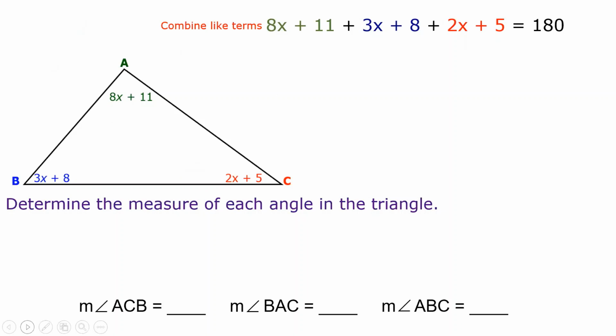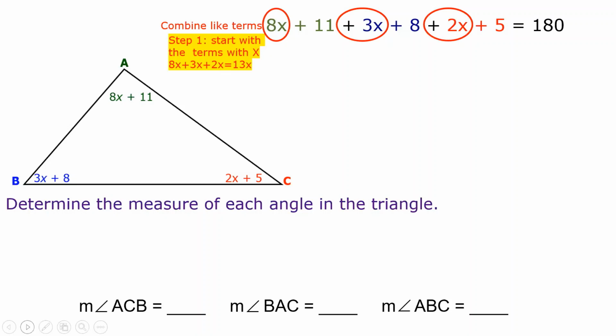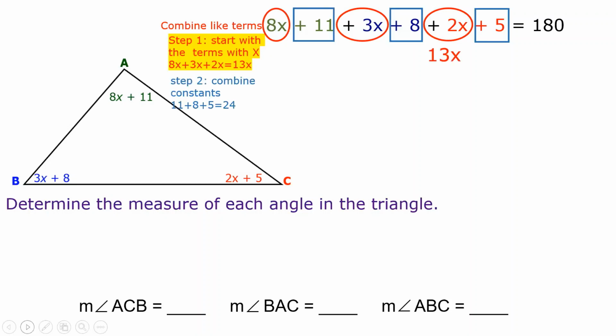So for example, we're going to combine like terms, which in this case, we put the x's together. It would be 8x plus 2x plus 3x gives you 13x. Write that down at the bottom. Then you're going to put all the constants together, which is 11 plus 8 plus 5 gives you 24. You put that right next to the 13x. And then you're going to equal it to 180. Okay?